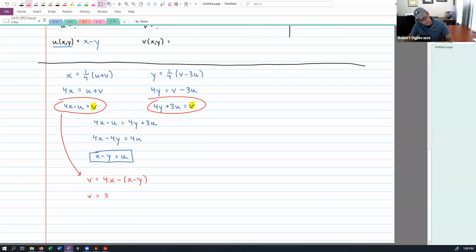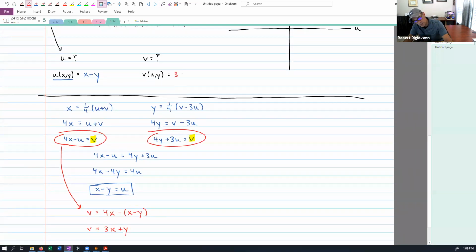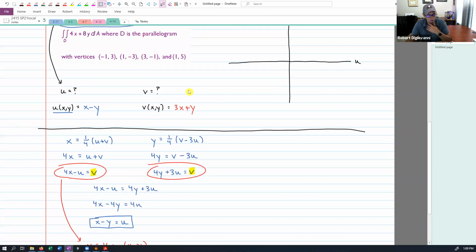And we should just get 3x plus y. Subtract the x, add the y, and that's it. So this is 3x plus y. Okay, any questions on this? If you're not quite sure why I'm doing this, you'll see in just a moment what's important with this.